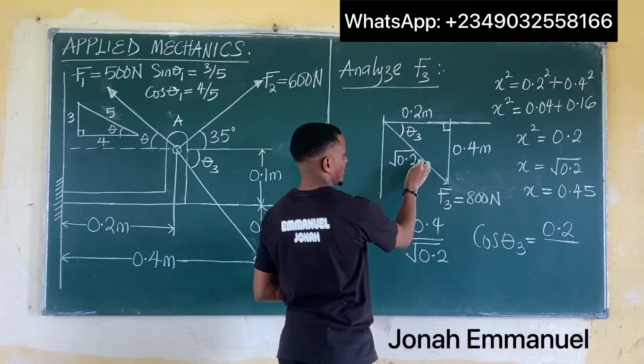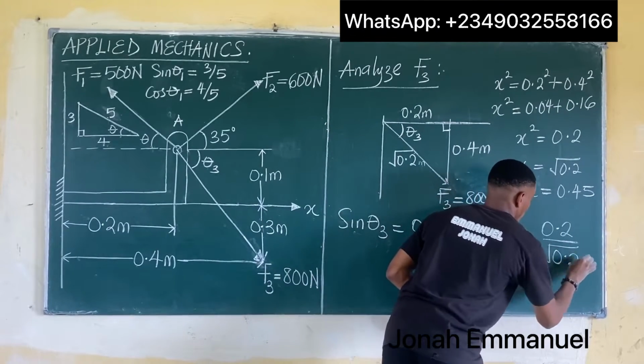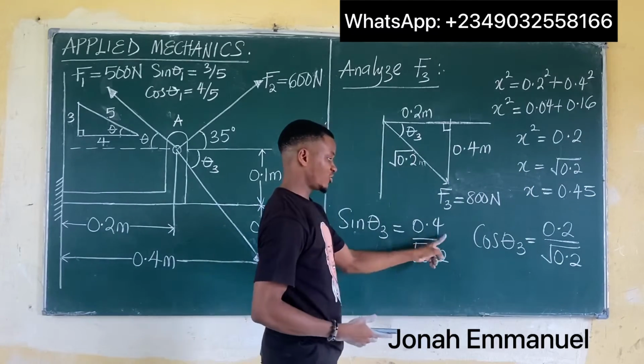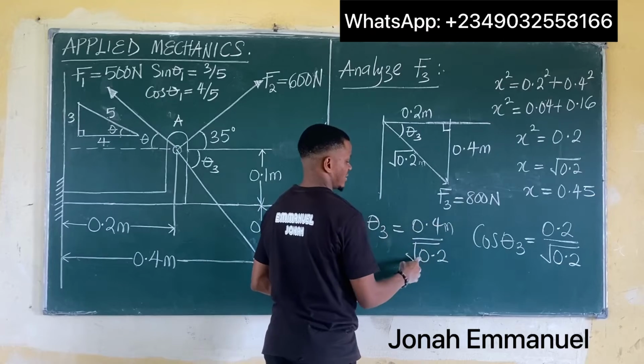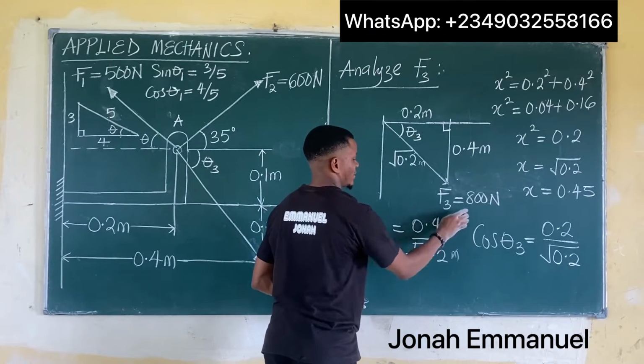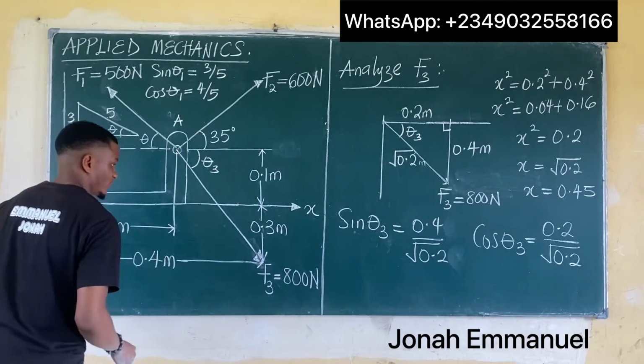Of course, this should be in meters. Observe, I didn't include the meter because they'll cancel out. 0.4 meters all over 0.2 meters, meters will cancel out, so don't worry about it.